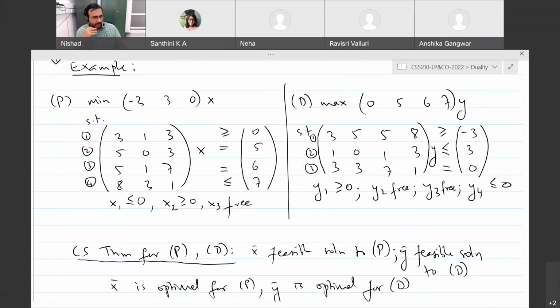So the first row in the primal tells you that either 3x1 plus x2 plus 3x3 is equal to 0 in this case because it is the right hand side, or the corresponding dual variable y1 bar is equal to 0. Right?